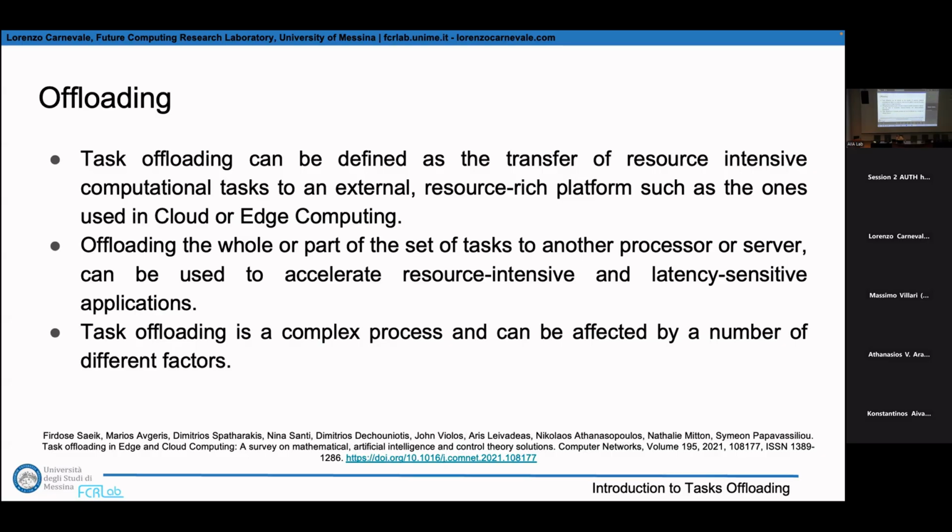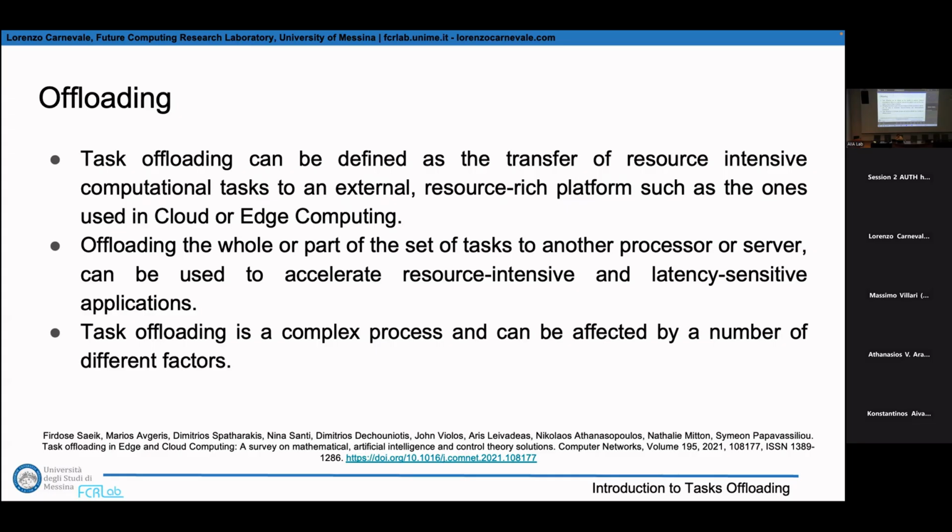So the offloading could be of the whole set of processes that build the application, or just a limited part of it, according to the amount of resources that our computation needs and the amount of latency that our application can introduce.